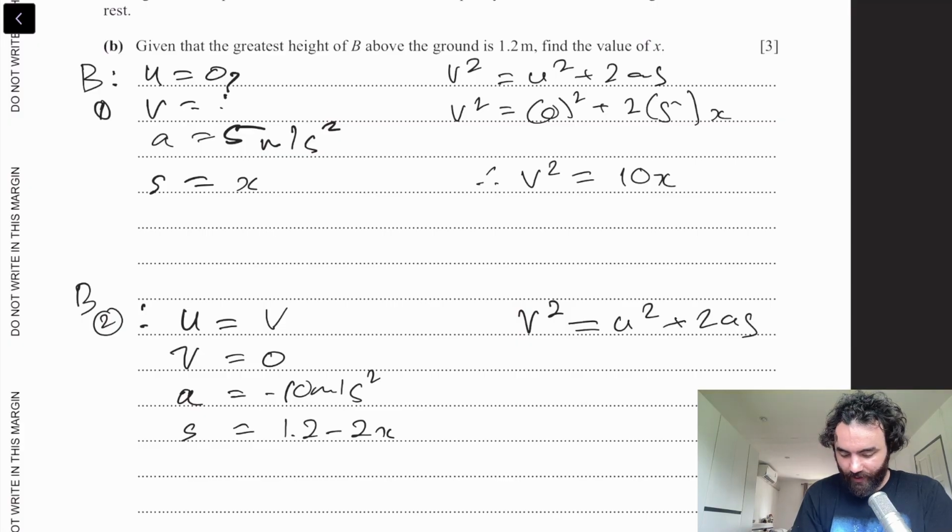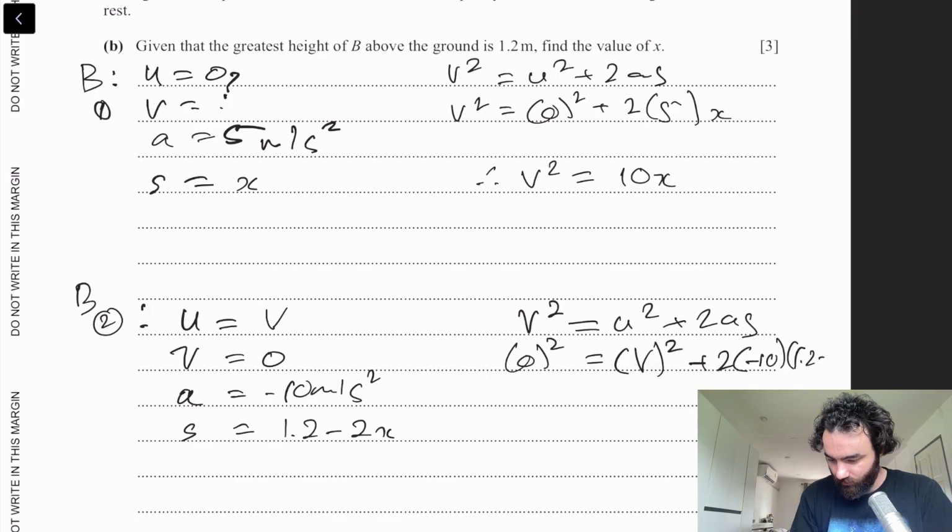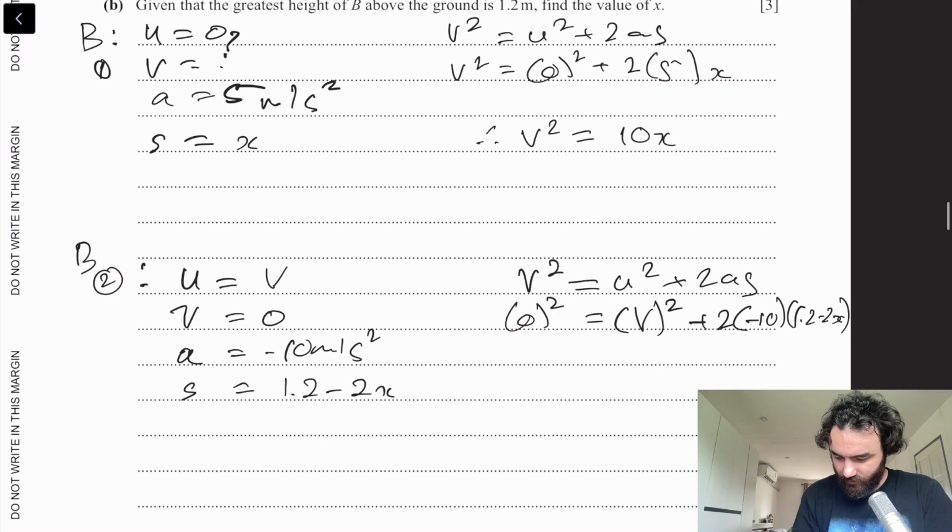So 0 squared equals our v squared here plus 2 times minus 10 times 1.2 minus 2x. So we get v squared equals 20 times 1.2 minus 2x.